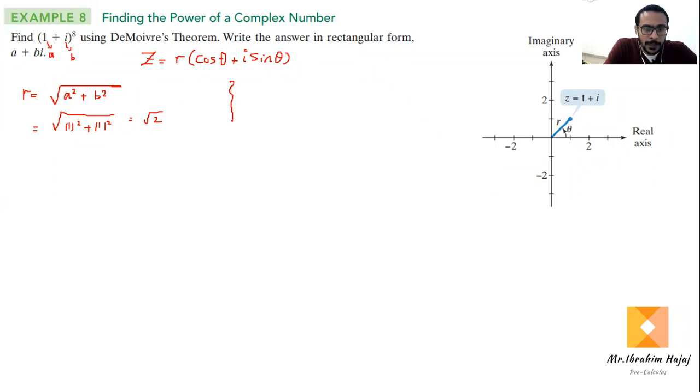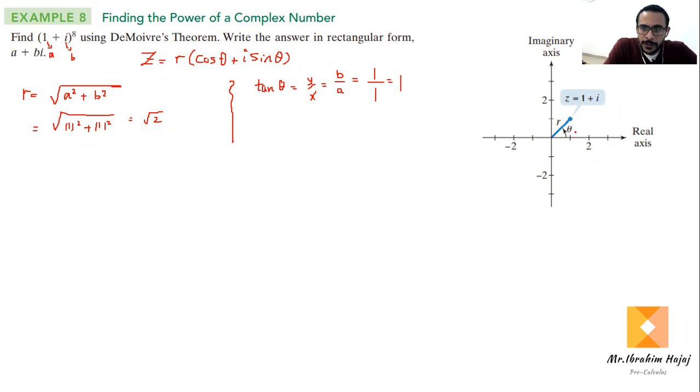To find the angle theta, tan theta is equal to y over x, or b over a. What is y? The imaginary part, which is 1 over 1, and gives 1.